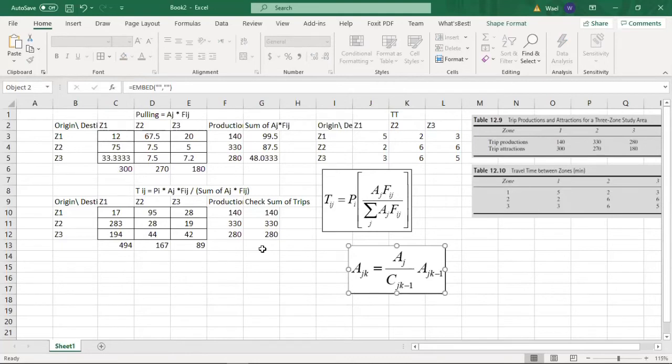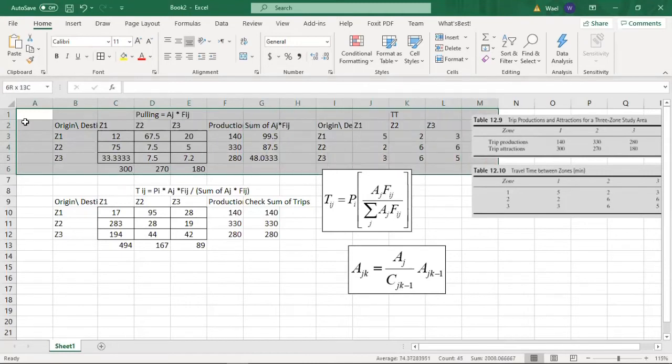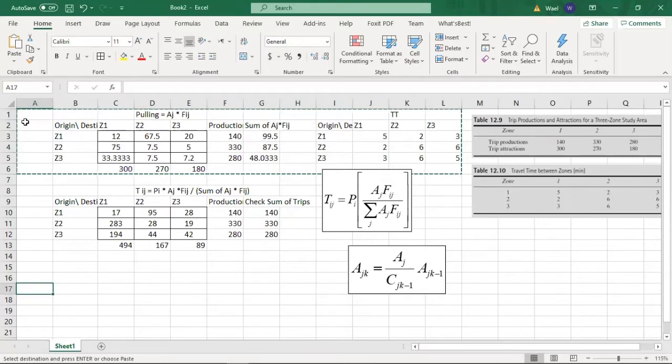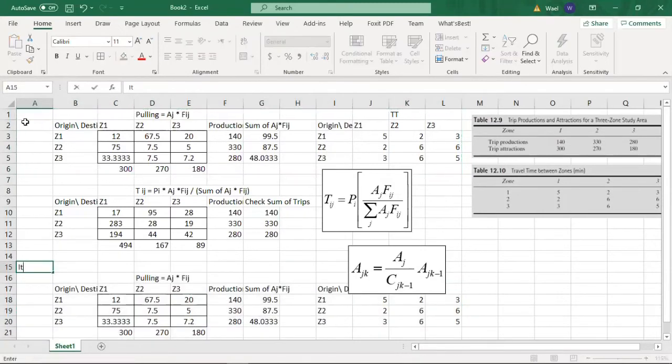Let's copy this over here, and we're going to call it iteration 1.